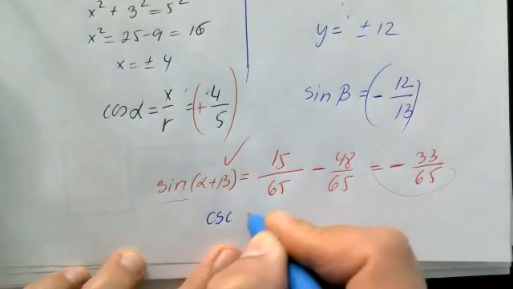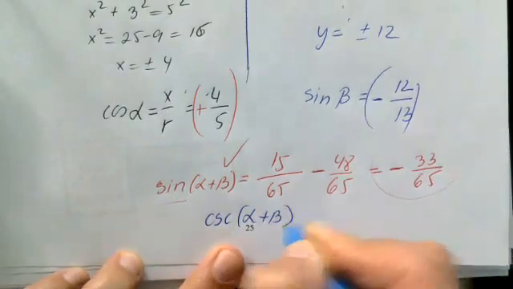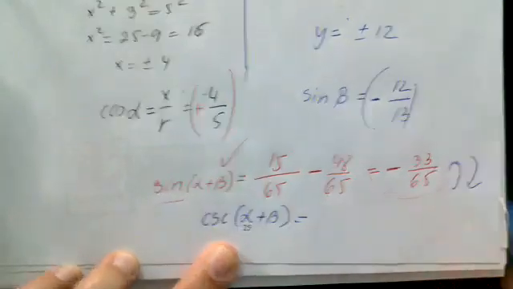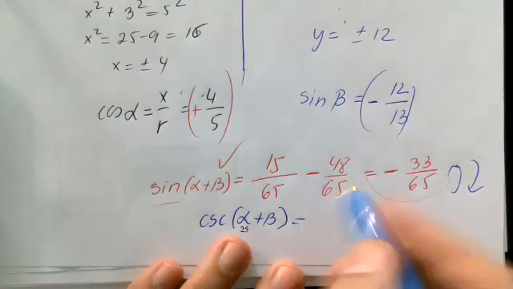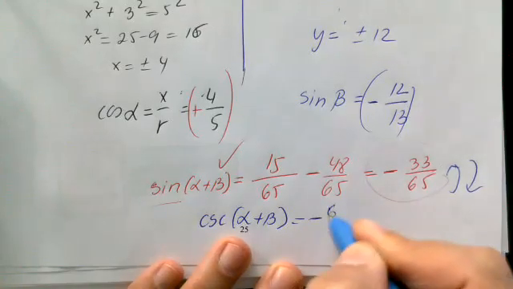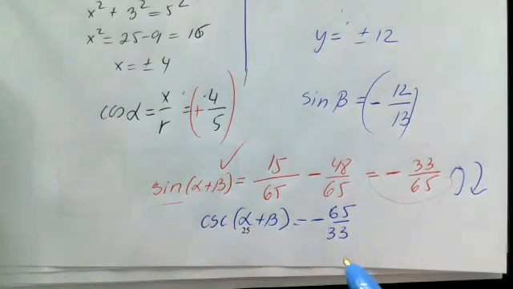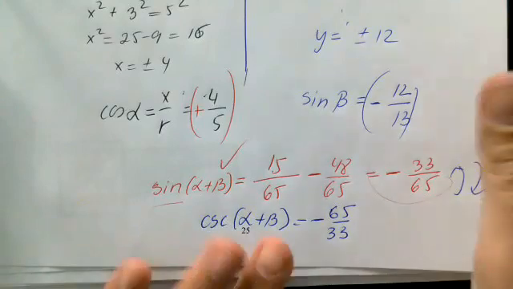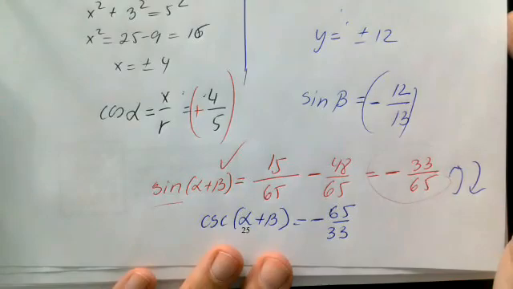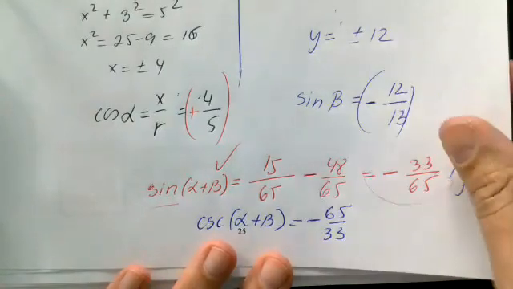So cosecant of alpha plus beta is going to be the flipped over version of this: negative 65 over 33. You can leave it as an improper fraction, or you can write it as a mixed fraction. It's up to you. Done.